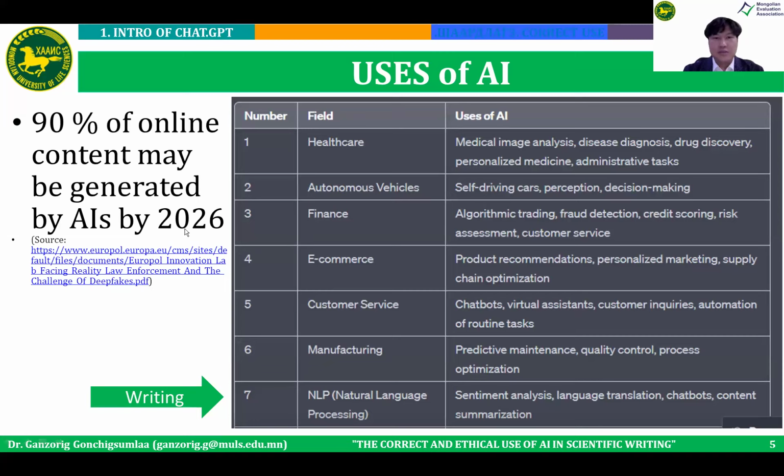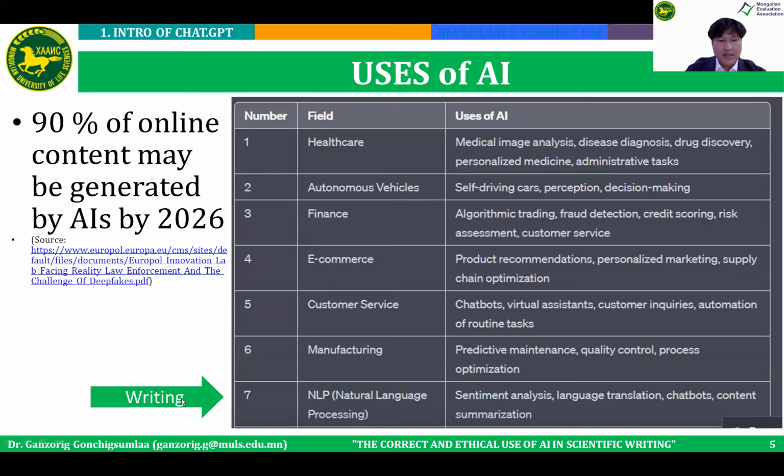So the readers must be very careful, because some fake news or fake information is just published online or somewhere without really checking the quality, which results from the AI. So this AI, as you can see, has a number of uses: healthcare, autonomous, and finance, so many fields it's using.